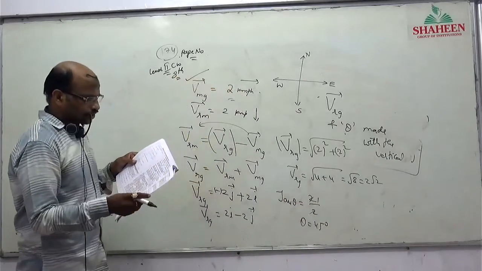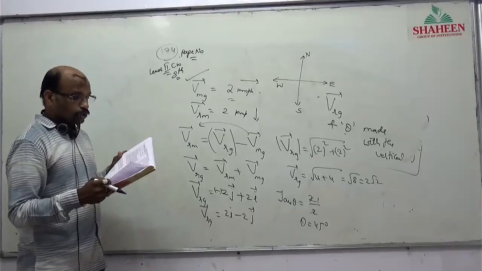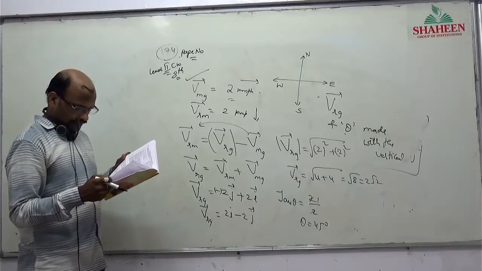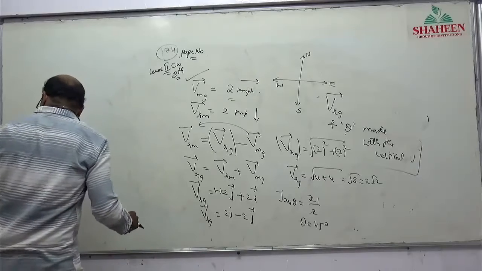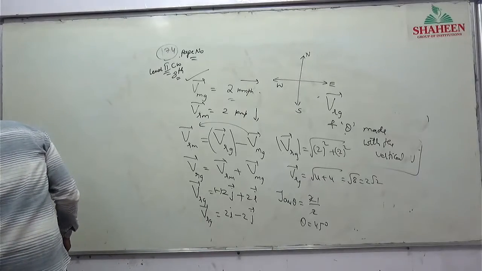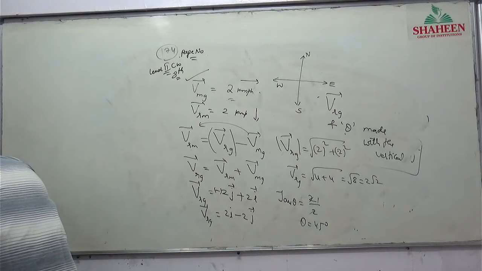The velocity answer should be 2 root 2 kilometers per hour, with the vertical angle 45 degrees. That is the answer. Please do it vectorially. I hope it's clear, all of you.